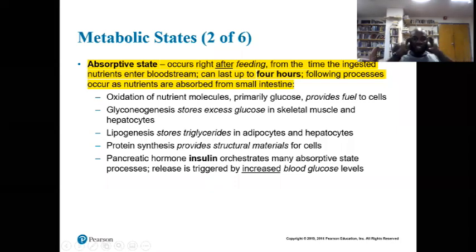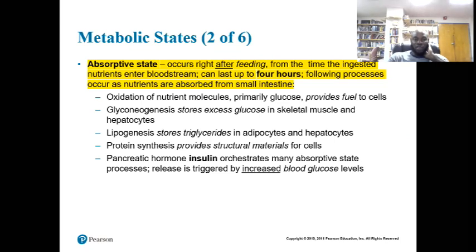This absorptive state is up to 4 hours. Remember the process we talked about starts in the mouth, down the esophagus, stomach, and intestines, and the intestines will really have the absorption into our bloodstream. This process can last up to 4 hours, and the following processes occur.